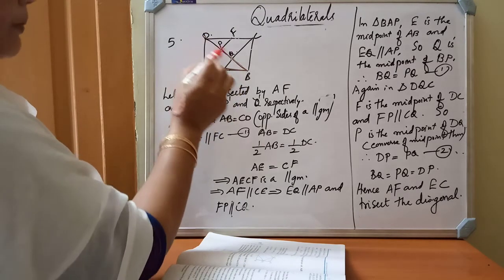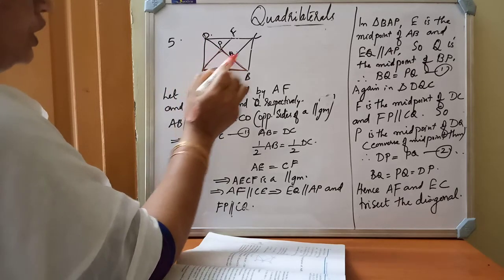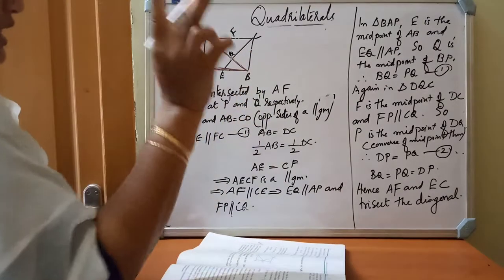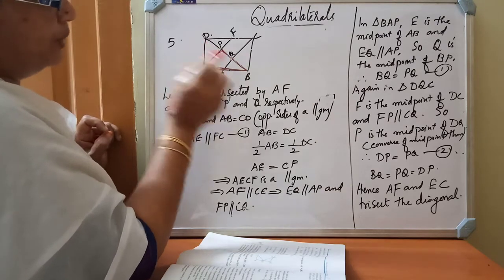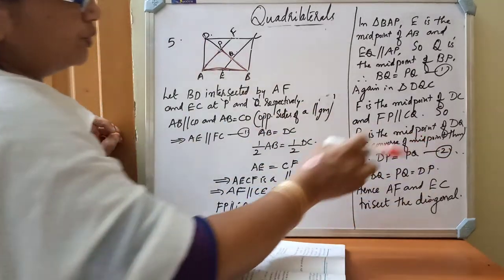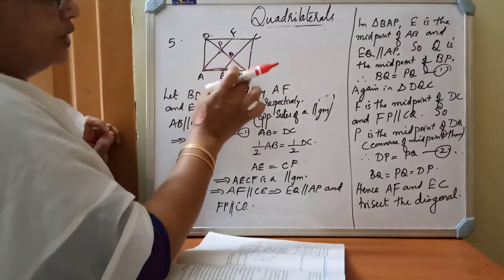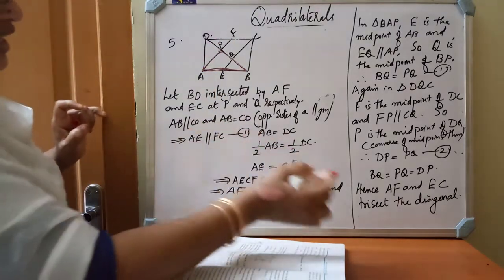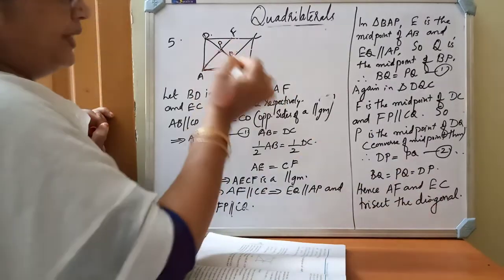P is the midpoint of DQ means DP is equal to PQ. The first equation we got is BQ is equal to PQ. The second equation we got is DP equal to PQ. So from 1 and 2 we can club and write DP is equal to PQ is equal to QB. What is the meaning of that? That means AF and EC trisect the diagonal BD.